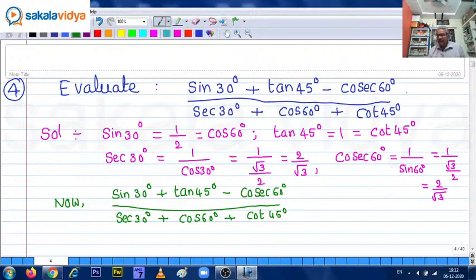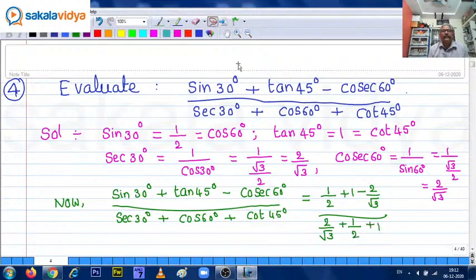Right. So next, what shall we do now here? Let us substitute these values: sine 30 equals 1 upon 2, tan 45 is 1, cosecant 60 is 2 upon root 3, secant 30 is 2 upon root 3. This is 1 upon 2 plus 1.